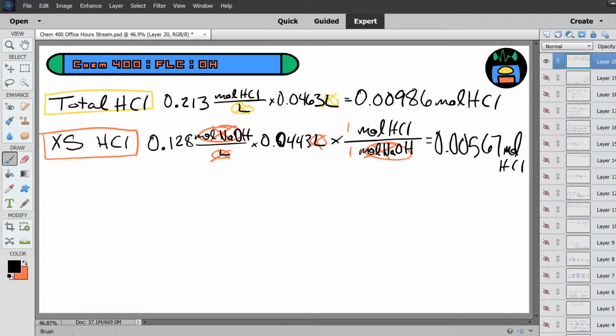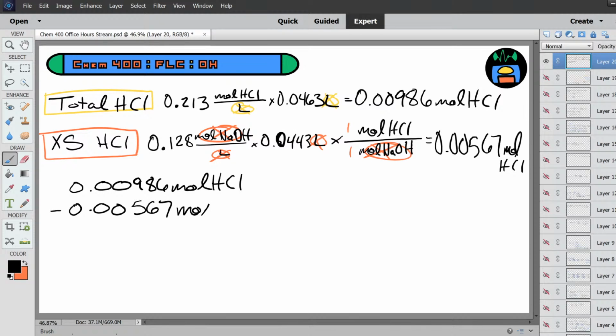Now we can take the difference. So we take our total, which is 0.00986 moles of HCl, minus 0.00567 moles of HCl. That's the amount in excess. So the moles of HCl that reacted are the difference between these two numbers.